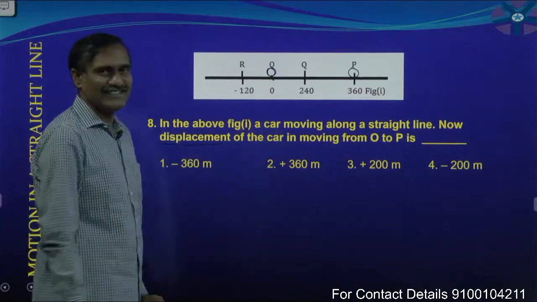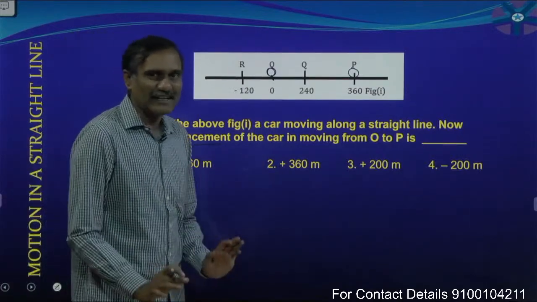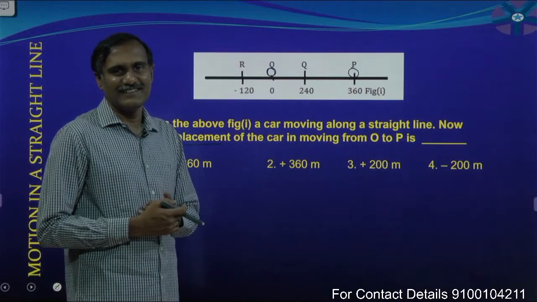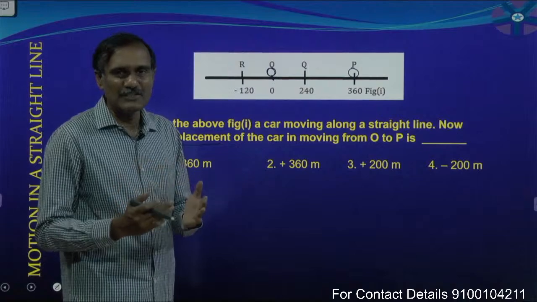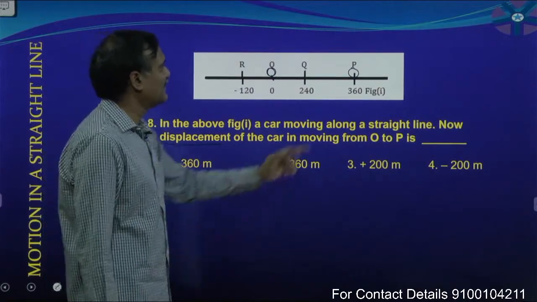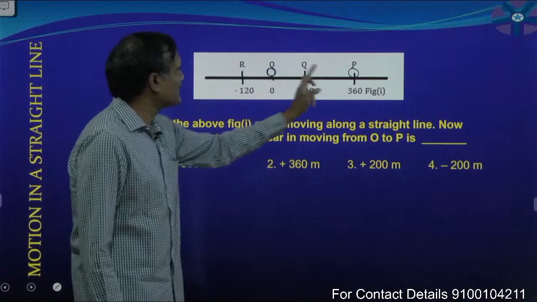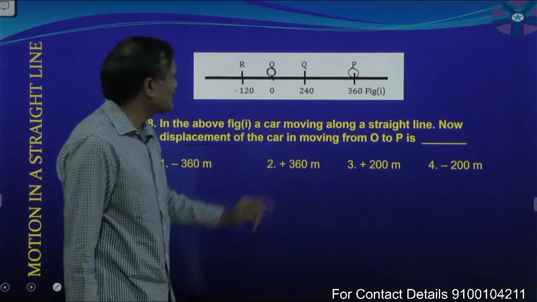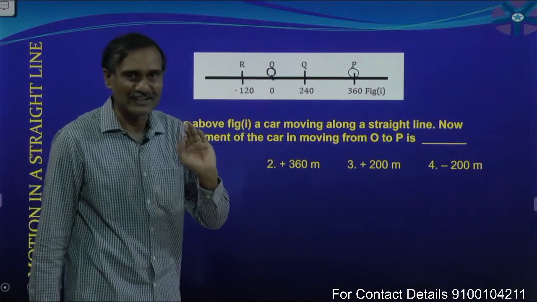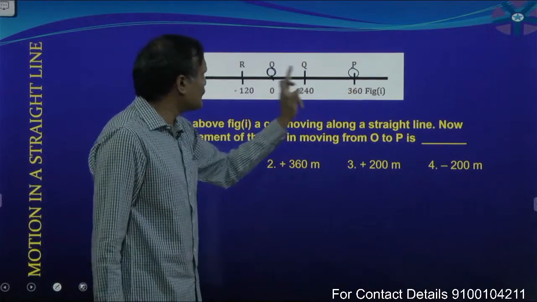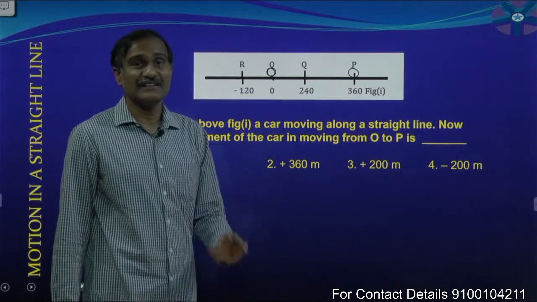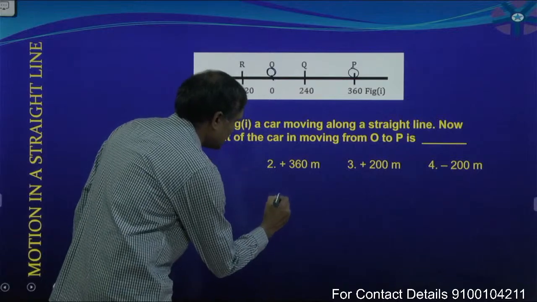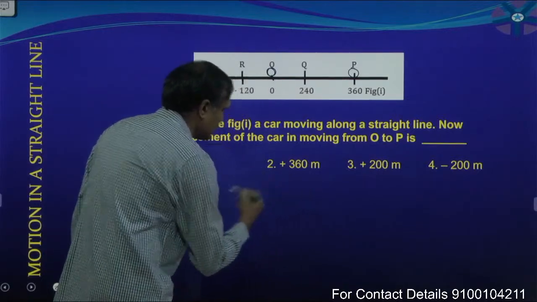Displacement. Now you tell me what is meant by displacement. It is final position minus initial position. What is the final position for this journey? O to P. P is the final position, O is the initial position. Now the difference between both of them is 360 minus 0.